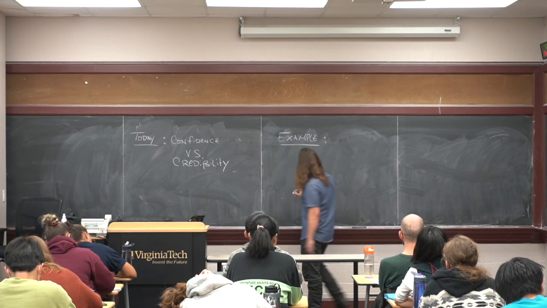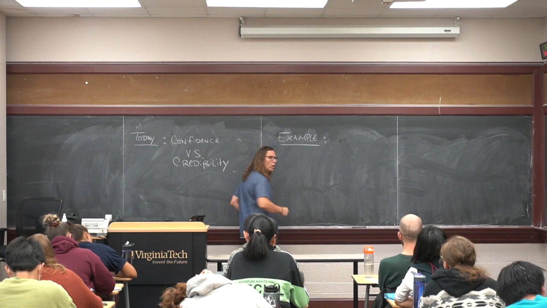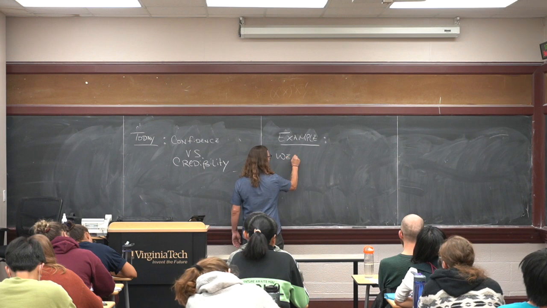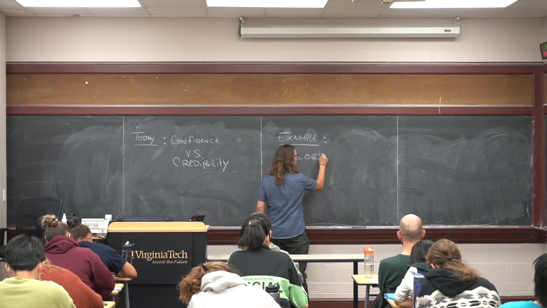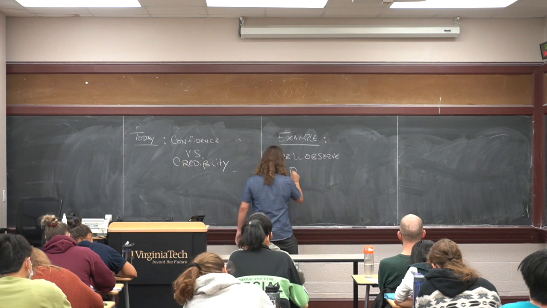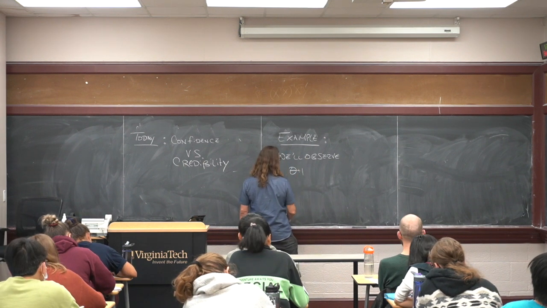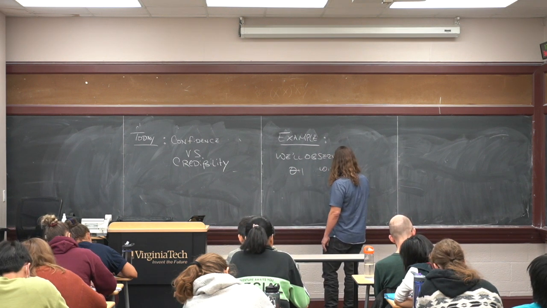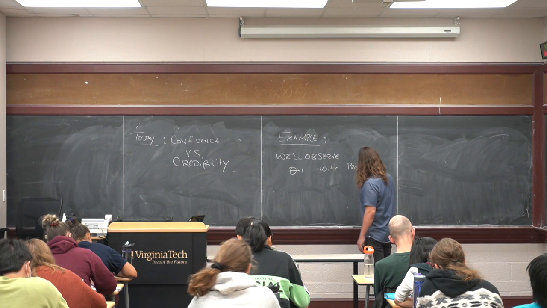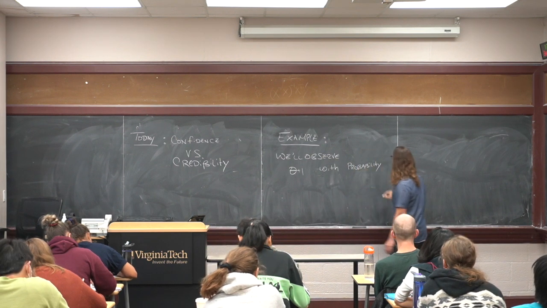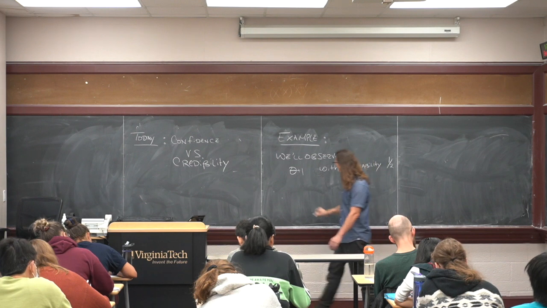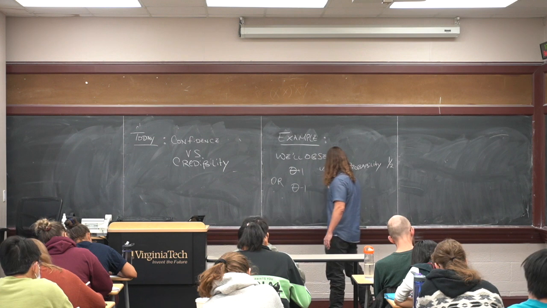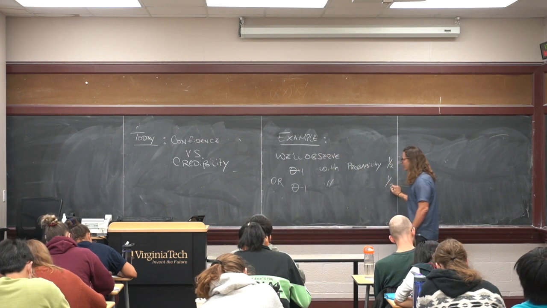So here's our example. I'm going to get one of 2 values. We'll observe theta plus 1, or we'll observe theta minus 1 with probability 1/2.